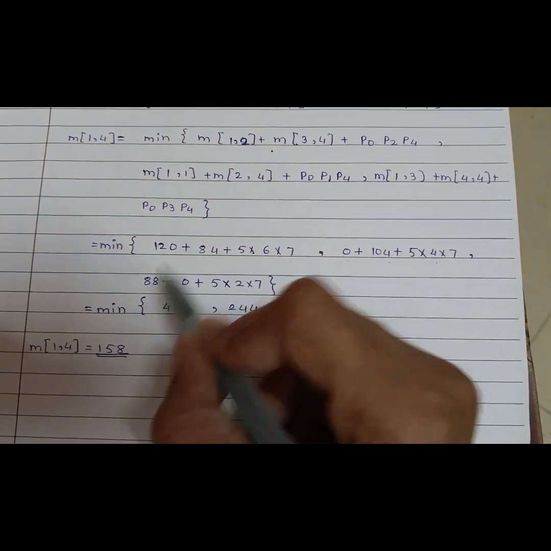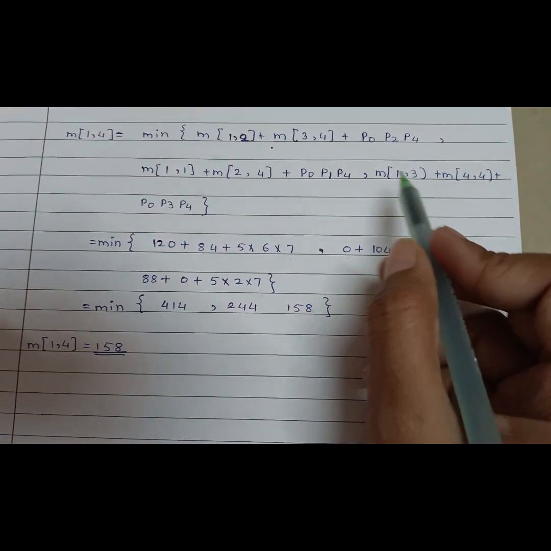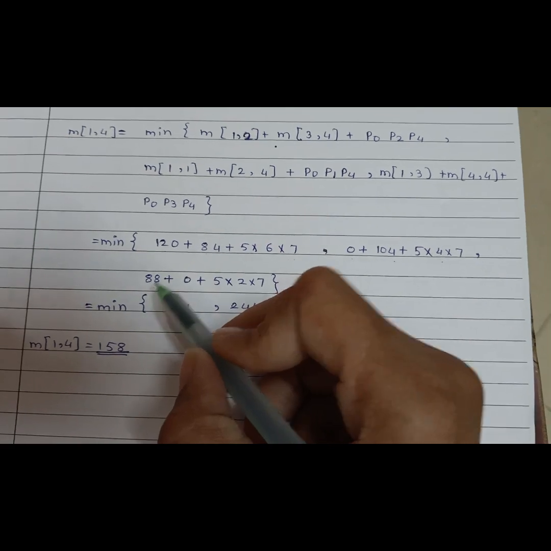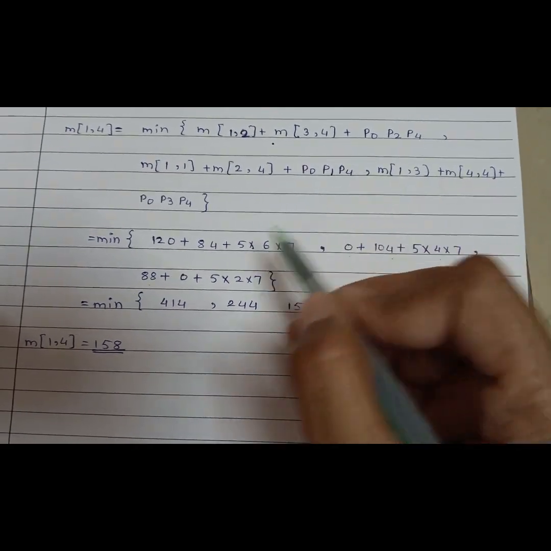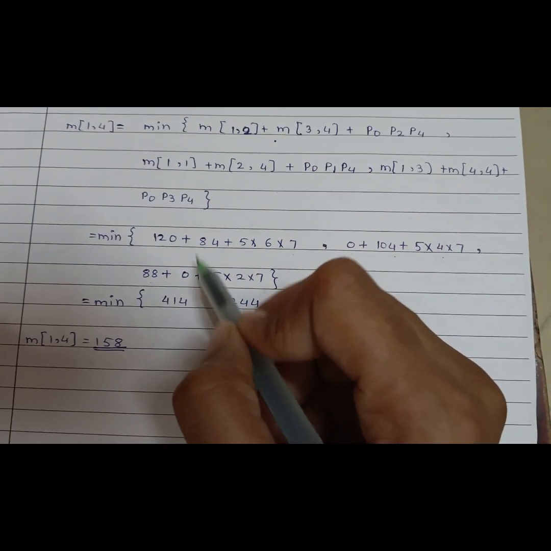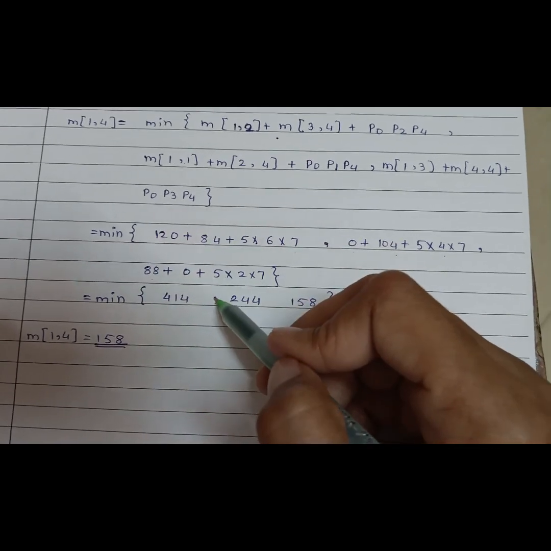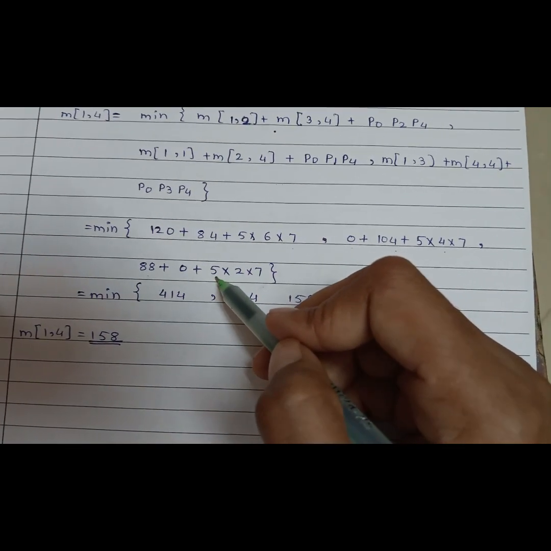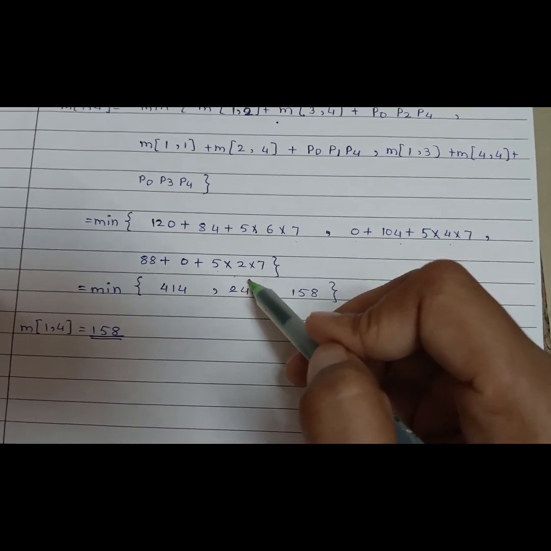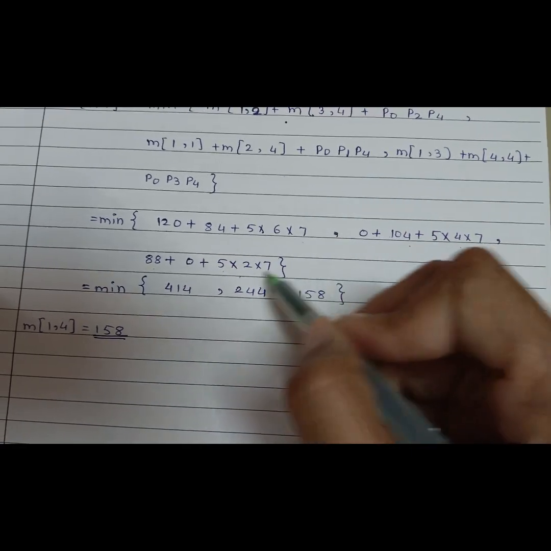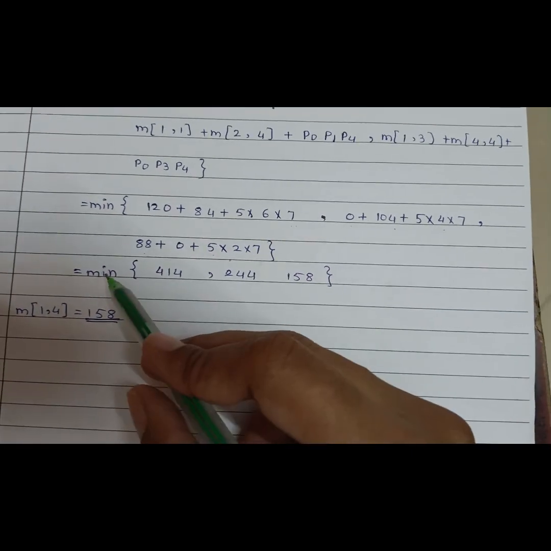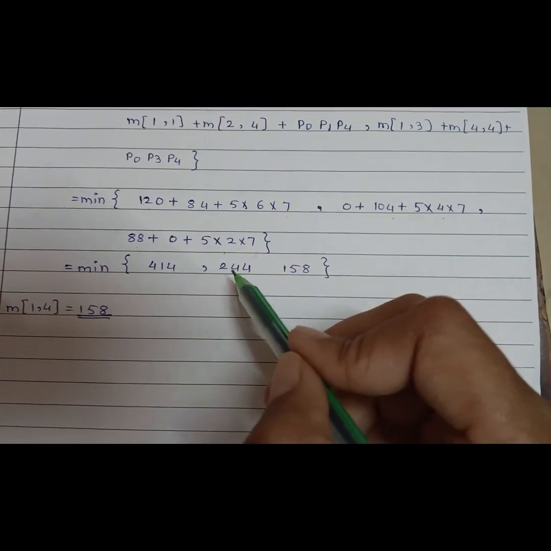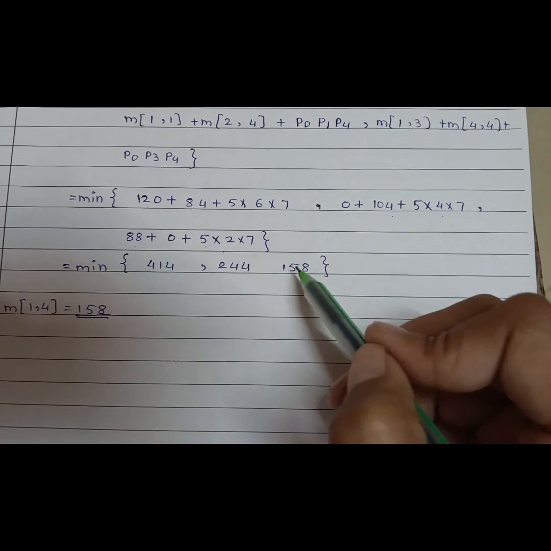We have already found m of 1 comma 3, that is 88. We know m of 4 comma 4 is 0, so 88 plus 0, plus p0 is 5, p3 is 2, p4 is 7. Calculating all these values, we get the minimum of 4, 1, 4, 2, 4, 4 and 158.